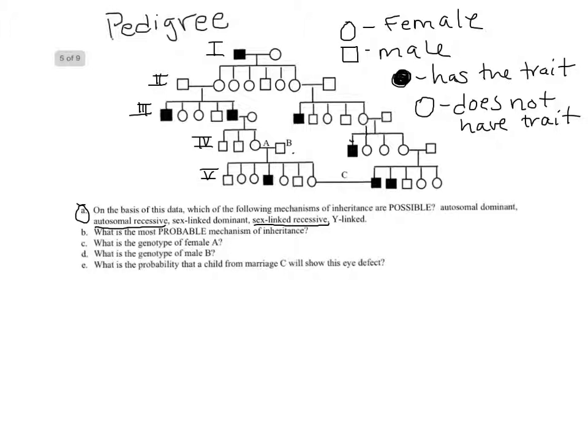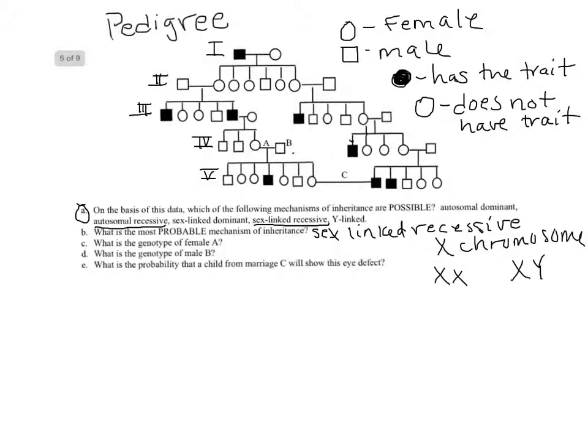So for B here, I think that I would go with sex-linked recessive. And remember that sex-linked recessive means that it is carried on the X chromosome and that females will be XX while males will be XY.